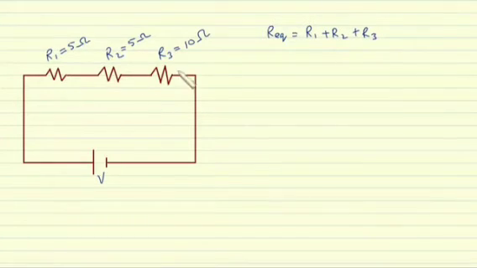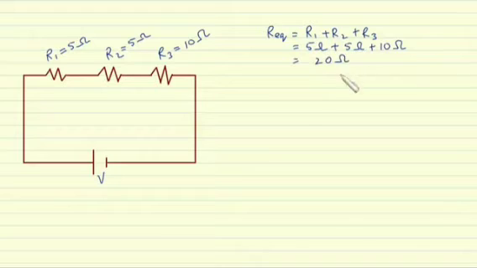Here R1, R2 and R3 were connected in series, so R equivalent will be R1 plus R2 plus R3. R1 is 5 ohm, R2 is 5 ohm again, and R3 is 10 ohm. So 5 ohm plus 5 ohm is 10 ohm, 10 ohm plus 10 ohm is 20 ohm.